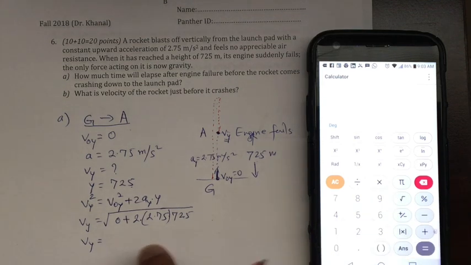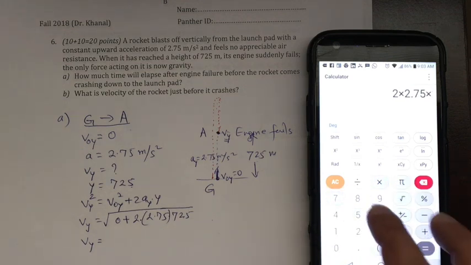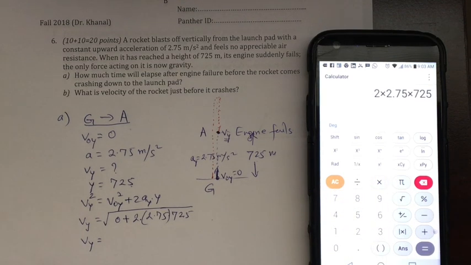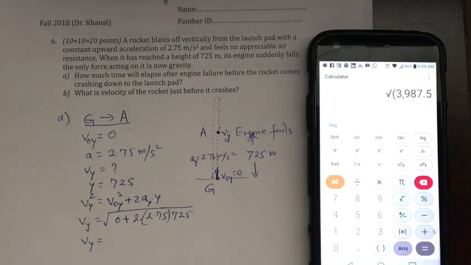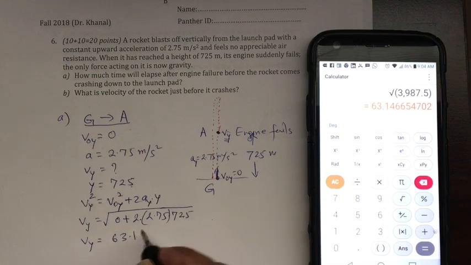So here I'm going to do 2 times 2.75 times 725, then equals, and take the square root of the answer, which gives 63.146 meters per second.